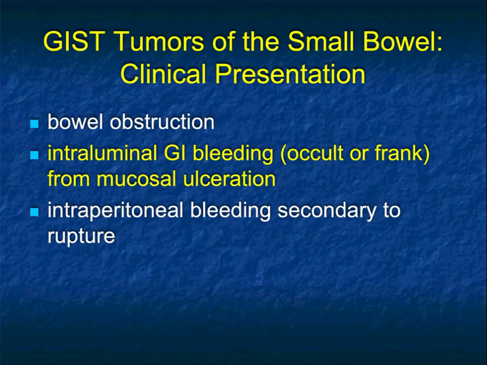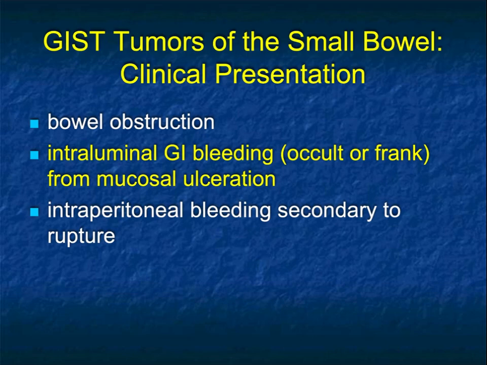Now, when we talk about small bowel tumors, we talk about adenocarcinoma, we talk about carcinoids, we talk about GIST tumor, we talk about metastasis, we talk about lymphoma, and those are the subjects of another lecture. But GIST tumors are particularly interesting because one of the things in recognizing them, be it stomach or small bowel, they typically grow in an exophytic pattern, so they're easier to recognize.